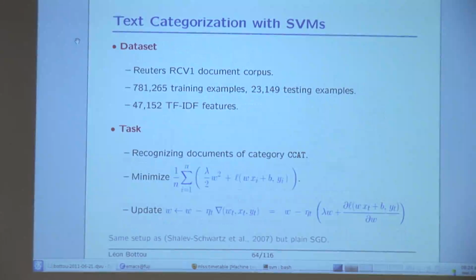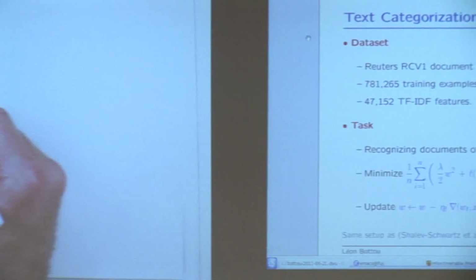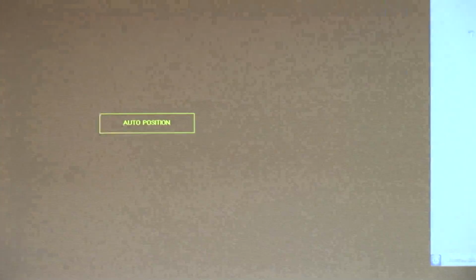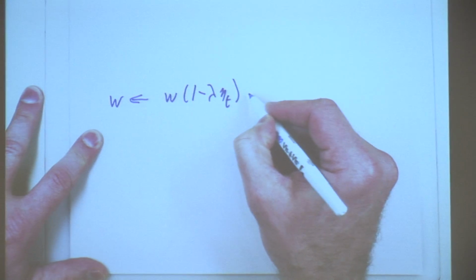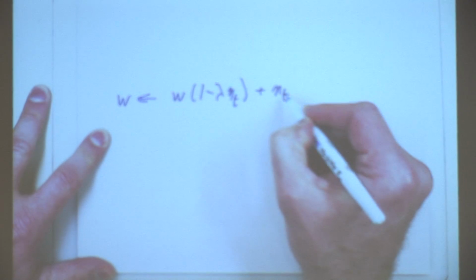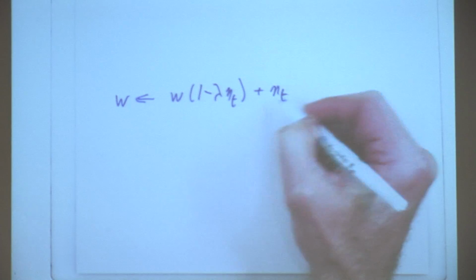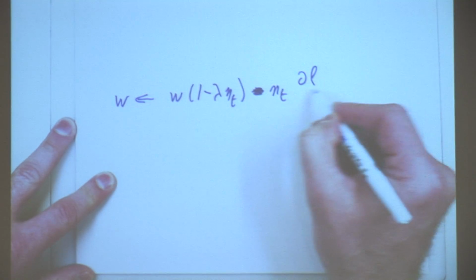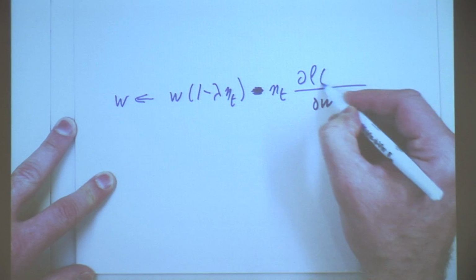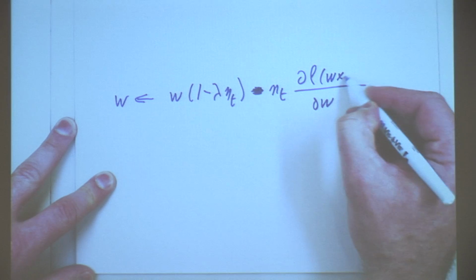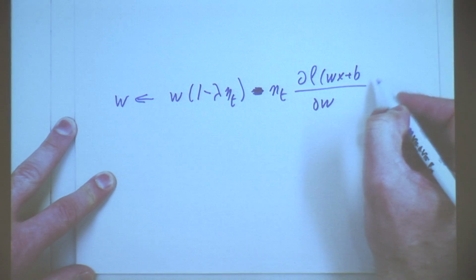W becomes W times 1 minus lambda eta t, plus minus, and there is a bias term.